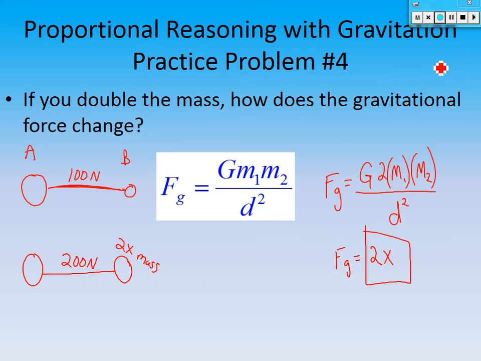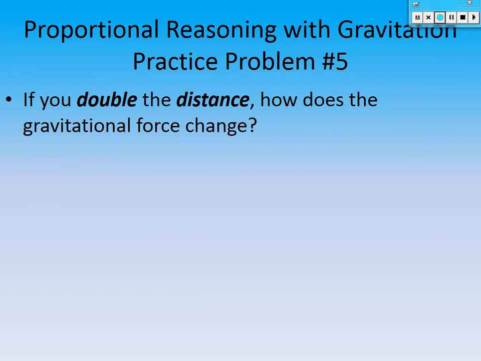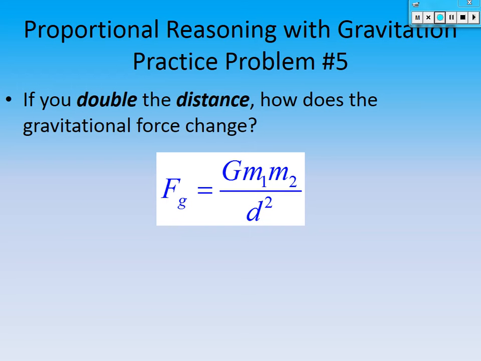Okay, so let's go to the next problem and see if we can get the hang of this. Practice problem number 5 says, if you double the distance between the 2 objects, how does the gravitational force change? Again, we're going to use Newton's universal law of gravity right here, and use proportional reasoning to figure this out.